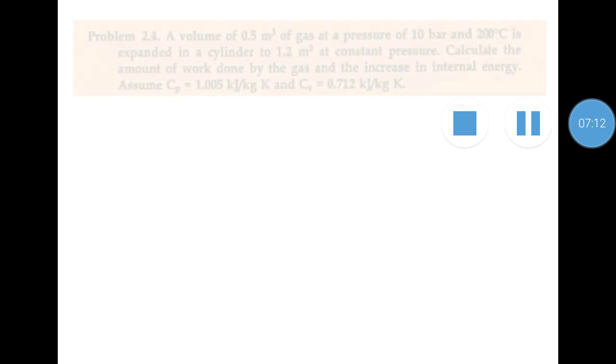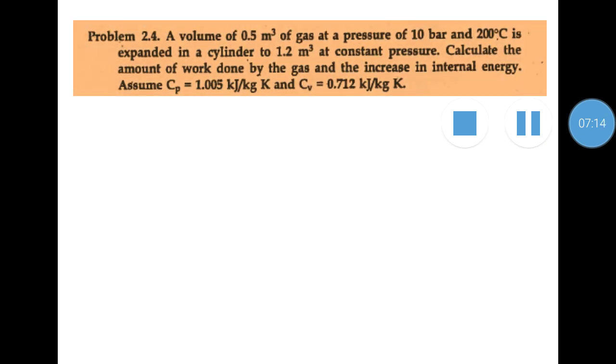Next problem, one more important question which has been repeated in your examination. The first problem we studied was on the constant volume process. So this problem is on the constant pressure process. So what is the problem?